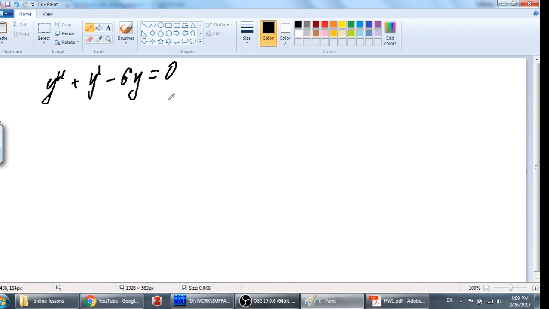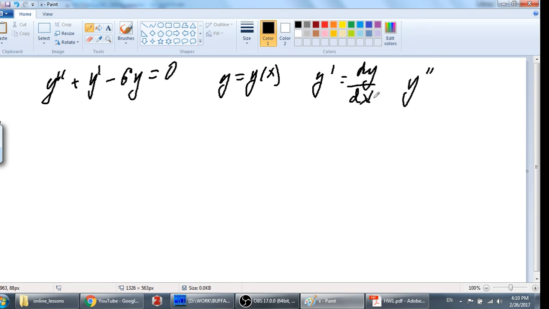Now, the idea is that you first want to construct and solve the so-called characteristic equation. Basically, each prime is nothing but the differentiation of function y with respect to its argument, right? So if y is y of x, then y prime is dy over dx, and y double prime is d2y over dx2.